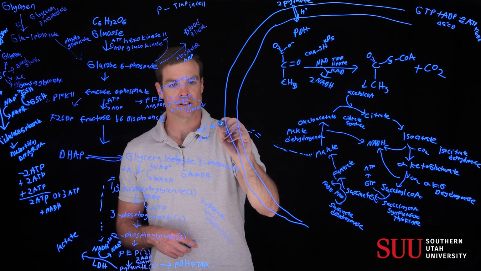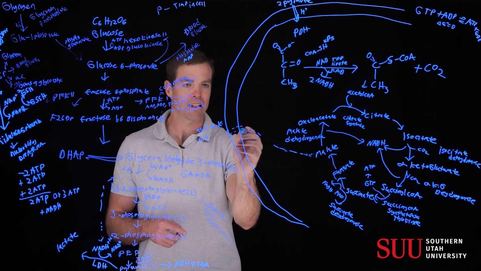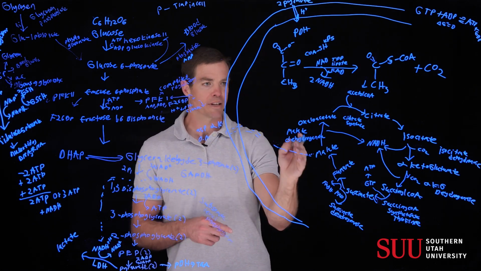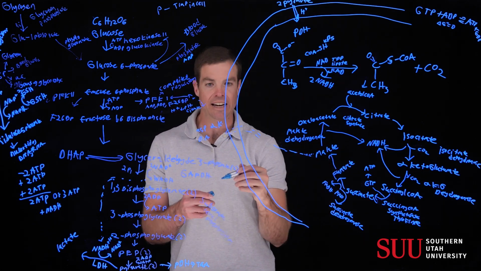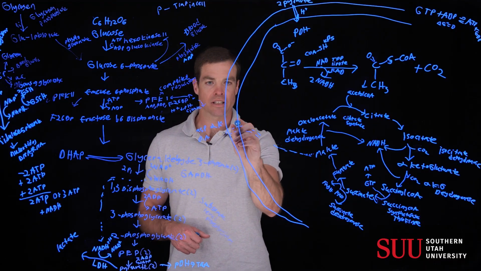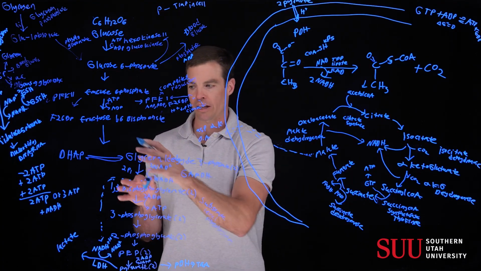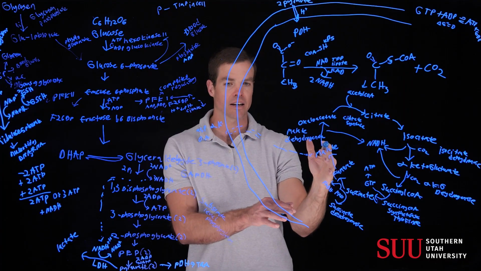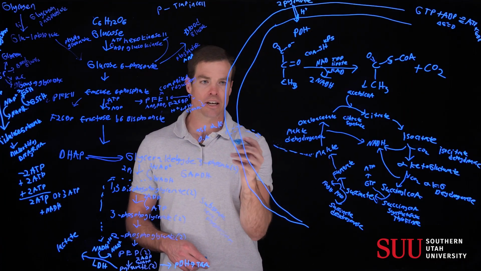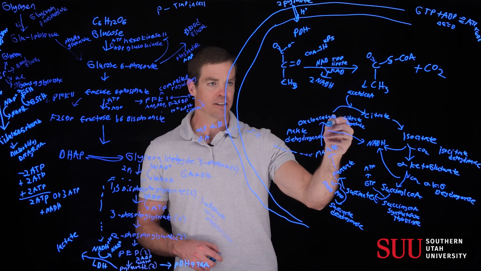We'll talk about it later, but there's an important shuttle for malate to go back and forth and carry the NADHs, because NADH is not permeable to the inner mitochondrial membrane. So in order for those electrons from, say, glycolysis to get into the TCA cycle, they have to go through this malate-aspartate, alpha-ketoglutarate shuttle mechanism. And you have malate dehydrogenase right here to make oxaloacetate.